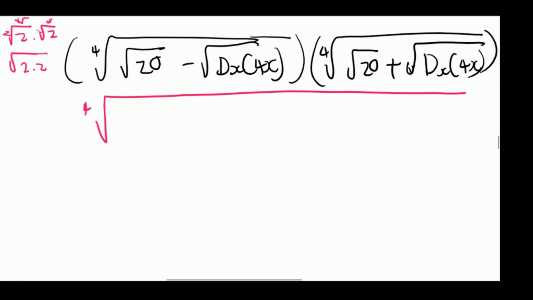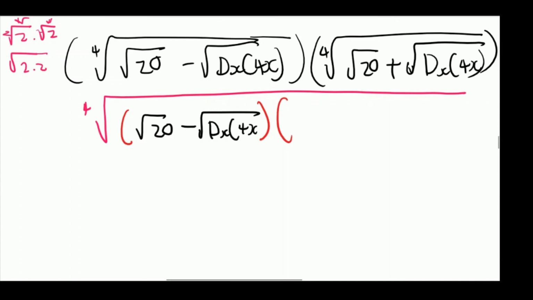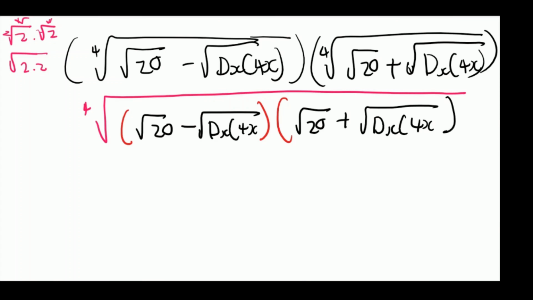So we're going to say root of 20 minus root of d of x of 4x, and then we multiply it with root of 20 plus root of d of x of 4x. Then now we're going to write our 4th root, and then we're just going to multiply what's inside.